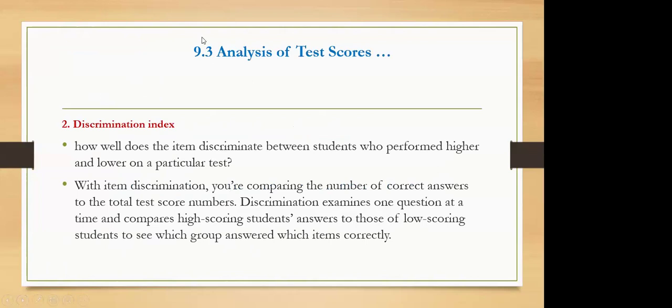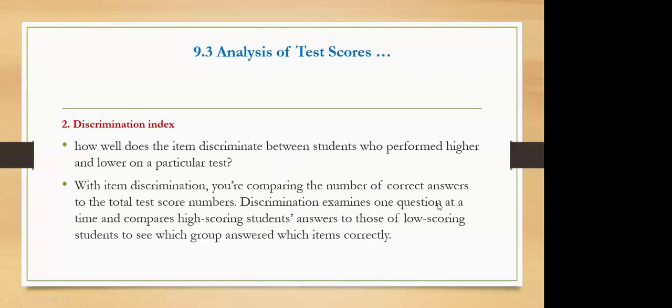Then the discrimination index describes how well an item discriminates between higher performers and lower performers. When calculating the discrimination index, we consider the responses to only one question.